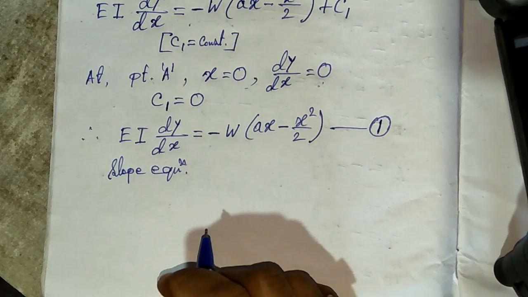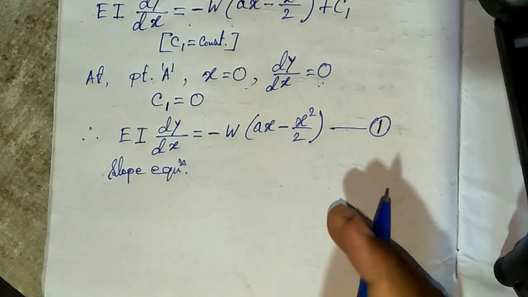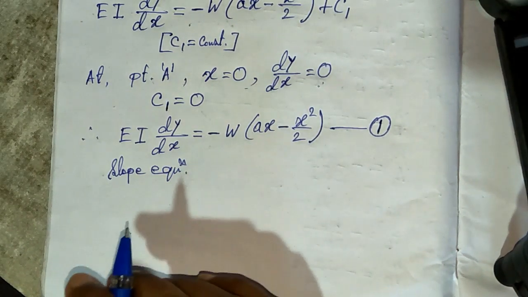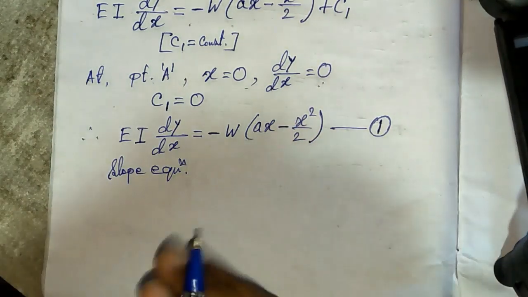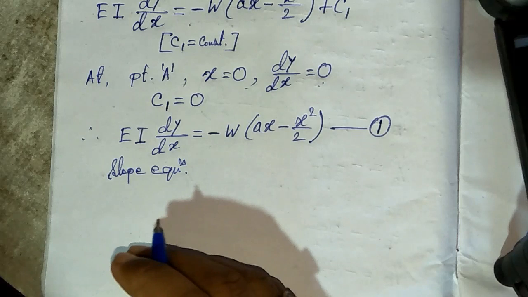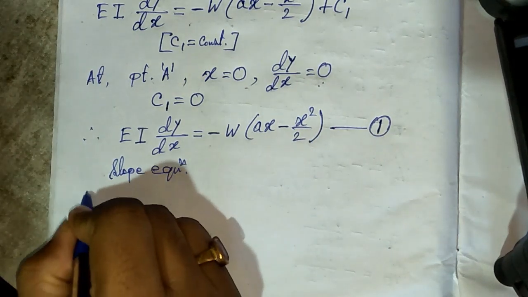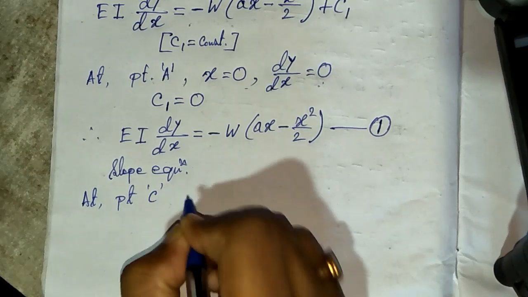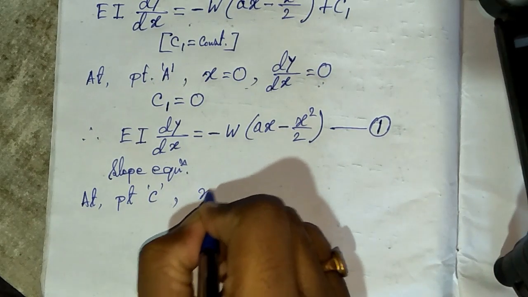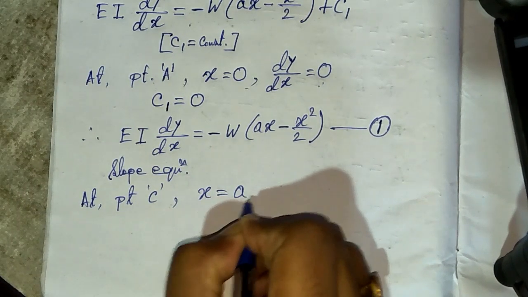Now to find the slope at point C, the condition is that at point C the x value is a. So at point C we can write x is equal to a.